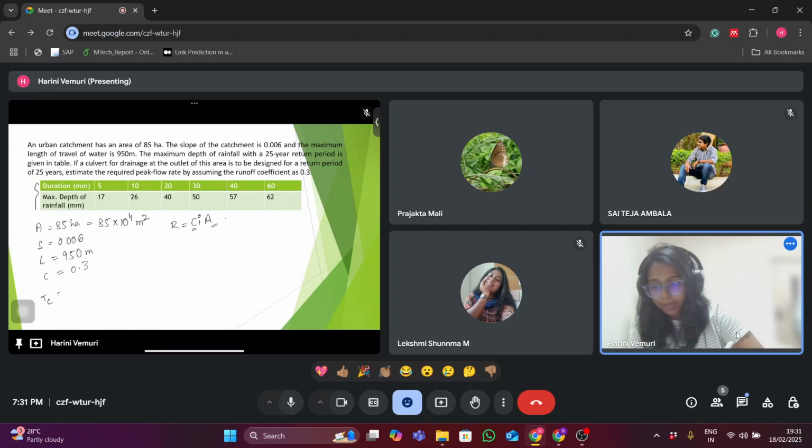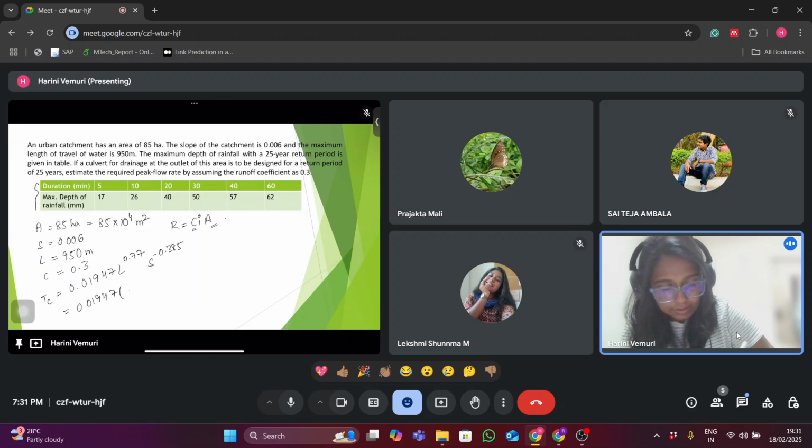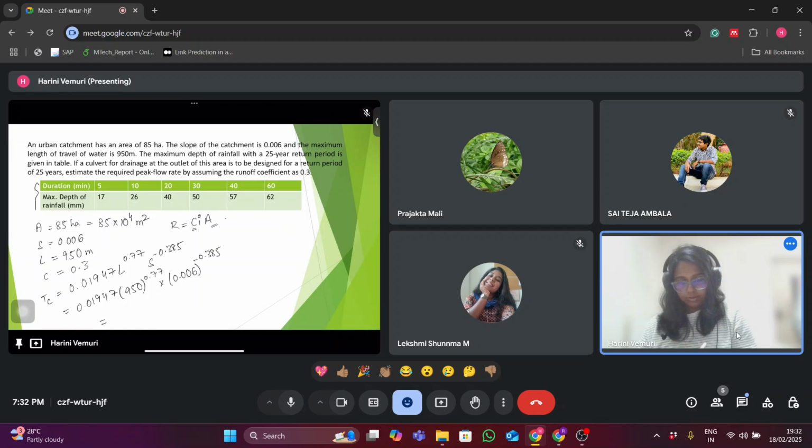So first we need to calculate the time of concentration, that is Tc equals 0.01947 L power 0.77 S power minus 0.385, where L is 950 and S is the slope. This comes to 27.39 minutes.